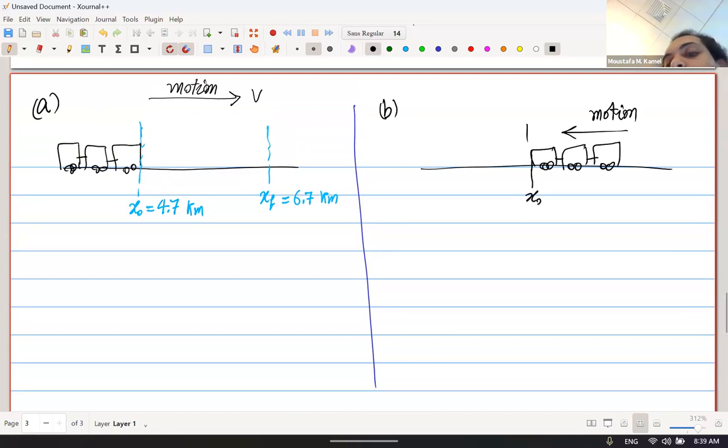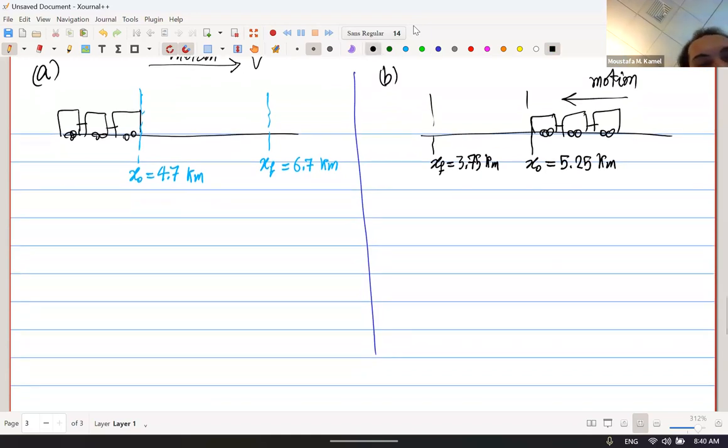Starting from x naught equals 5.25 kilometers to x final being 3.75 kilometers. Okay. So I will do part A and you will do part B.